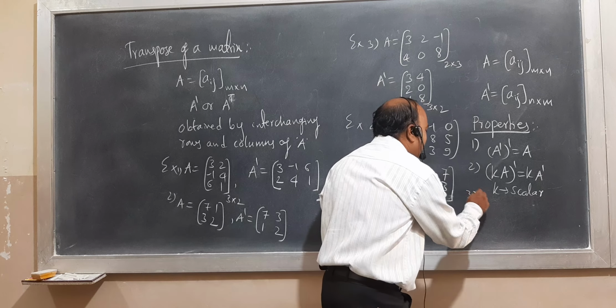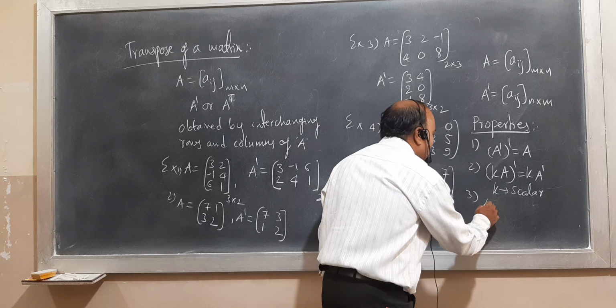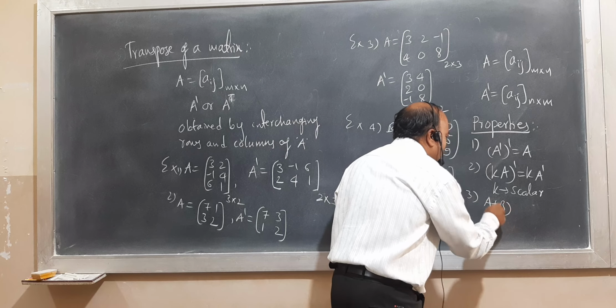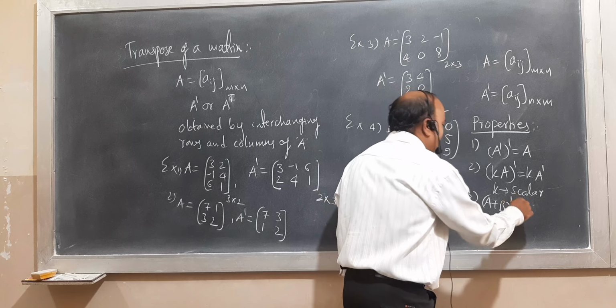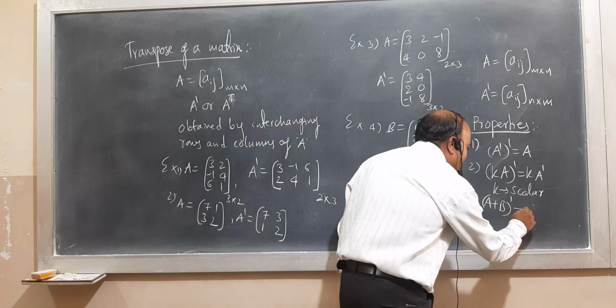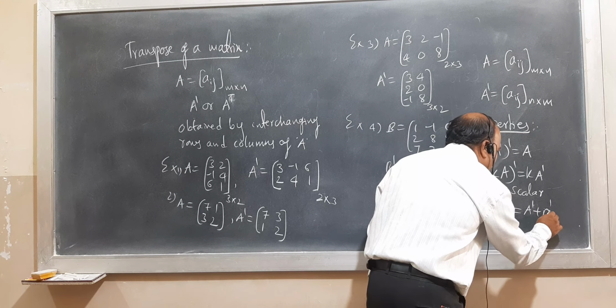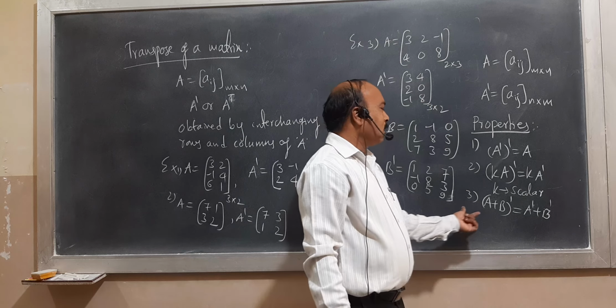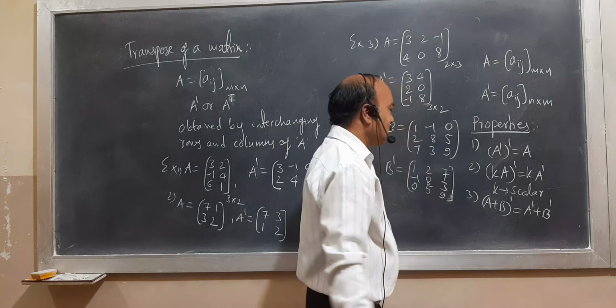And the third property: if you take two matrices of the same order, A plus B, and its transpose (A plus B) whole dash, it is equal to A dash plus B dash. Means transpose of A plus B equal to transpose of A plus transpose of B.